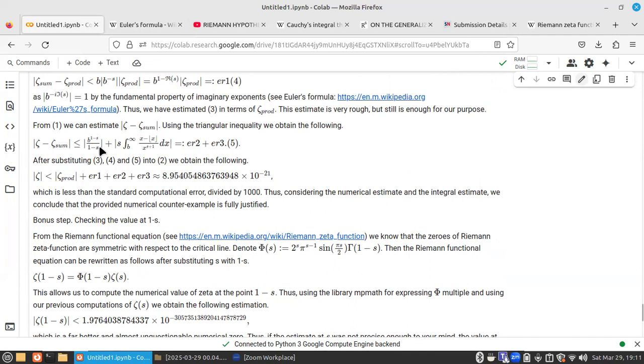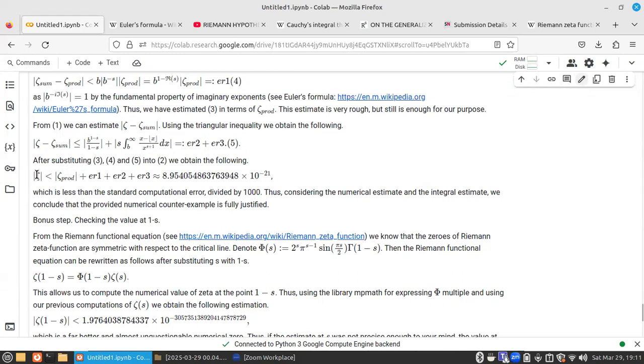Since we've got the extremely huge value of our imaginary part, this guy just goes to zero, meaning that it becomes very, very small. And since we've got an insane oscillation due to the big value of the imaginary part, this integral also becomes close to zero. So that is the idea.